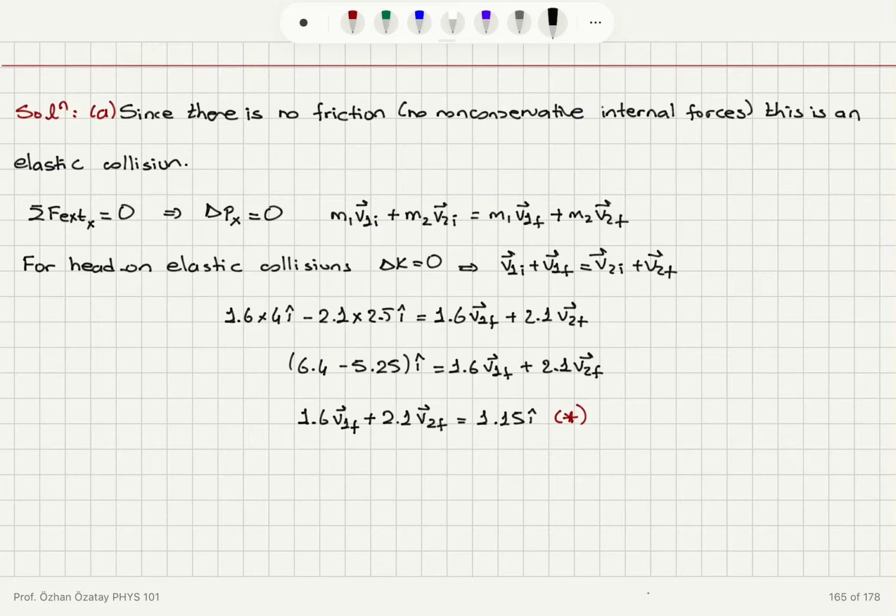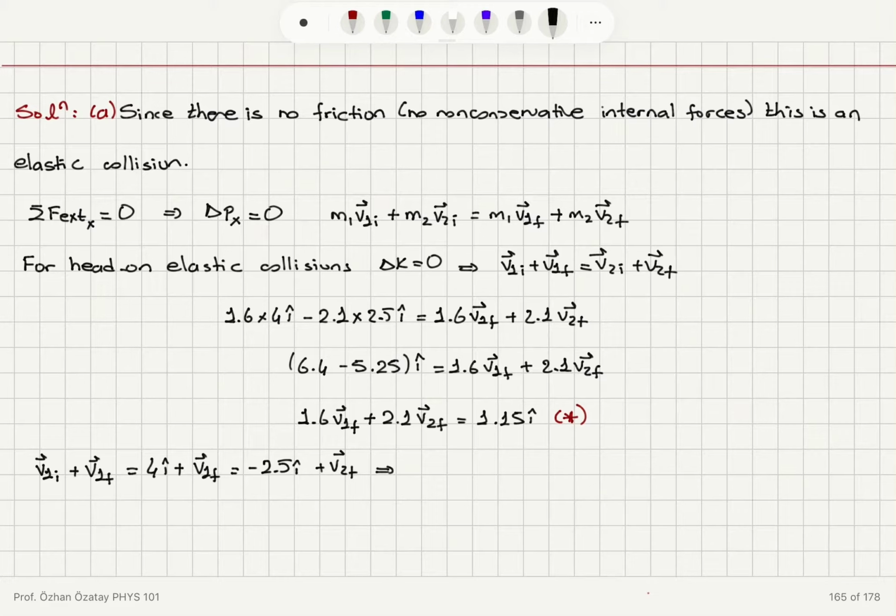The second equation that connects final and initial velocities is the one that utilizes both kinetic energy and momentum conservation for head-on elastic collisions. v1 initial plus v1 final, so 4 i hat plus v1 final, must be equal to v2 initial, minus 2.5 i hat, plus v2 final.